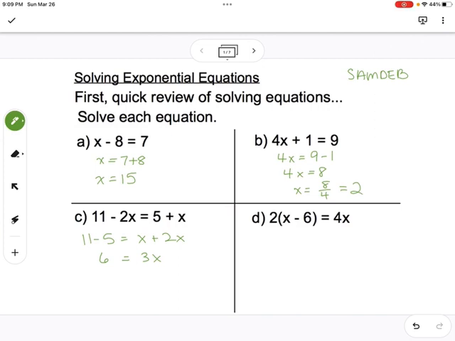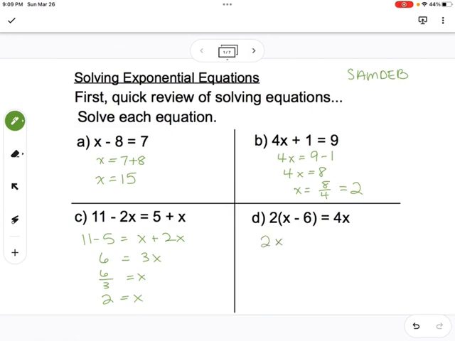Getting x by itself, we want to move that multiplying by 3 to the other side, and it will be divide. 6 divided by 3 equals x, 2 equals x. Okay, the last one here. We're first going to multiply the 2 out front by both things in the brackets, since we have two different terms here.